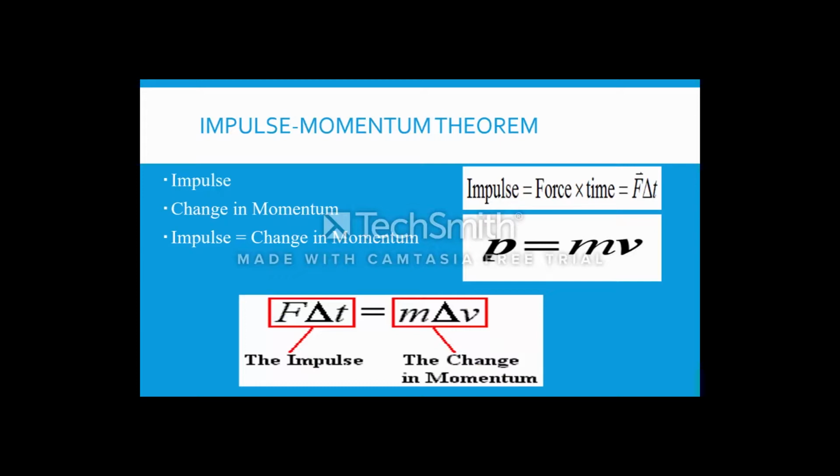By the impulse-momentum theorem, we know that the impulse will equal the change in momentum. So we can write this equation: force times delta t equals mass times delta velocity, which will come in handy at the end when we calculate just how big of a deal airbags really are.